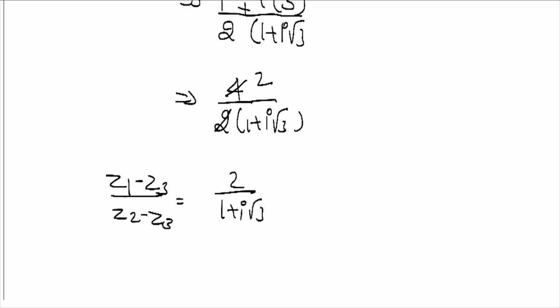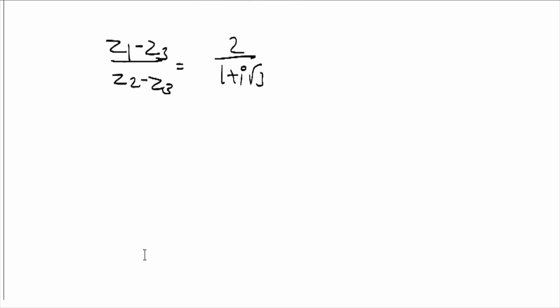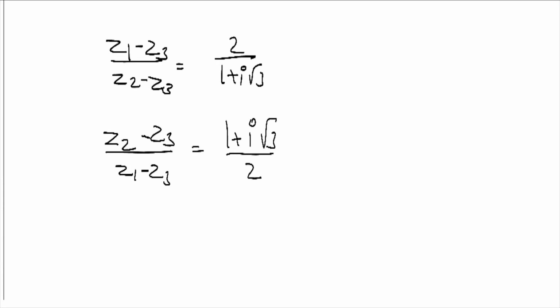So this, I'll take the reciprocal. (z2 - z3)/(z1 - z3) equals (1 + i√3)/2, otherwise 1/2 + i√3/2.